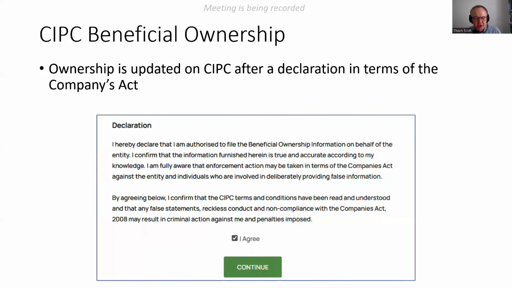So now let's answer some of the questions that are being asked on this point. The first thing is, when a supplier goes into CIPC, they are doing a formal declaration on the CIPC system in terms of their ownership.